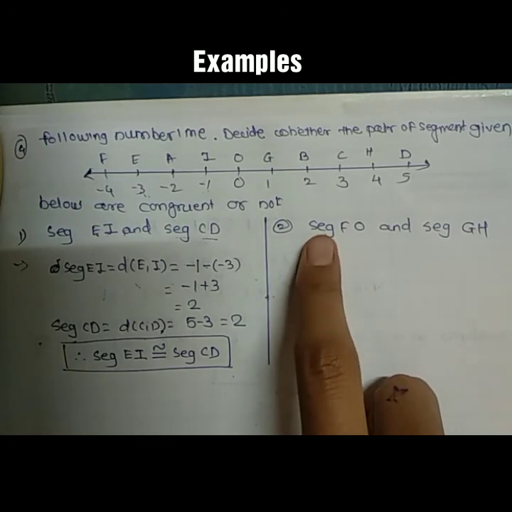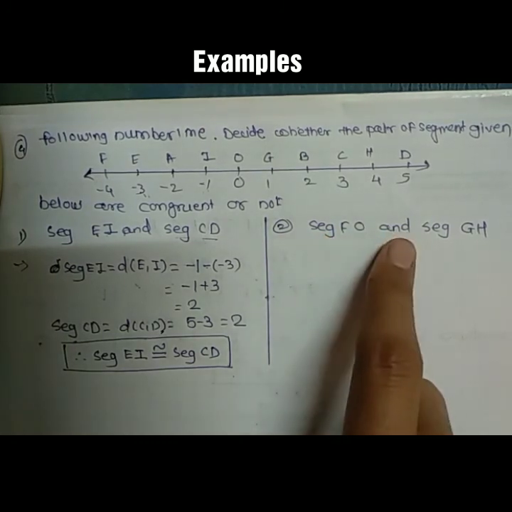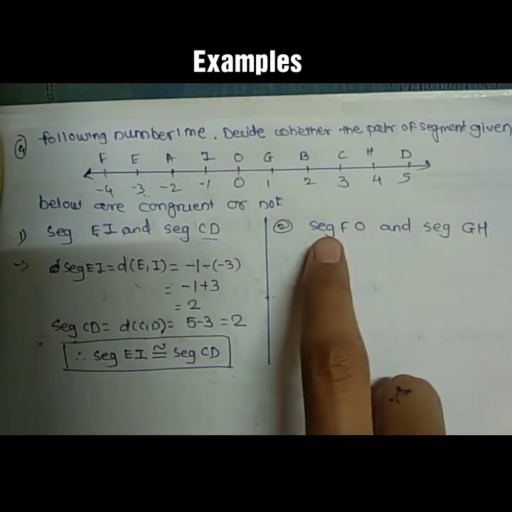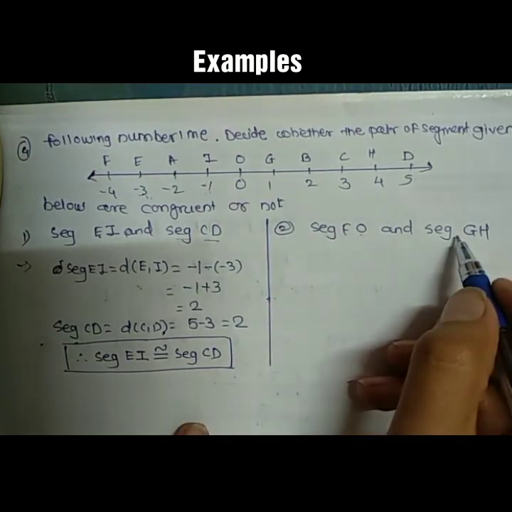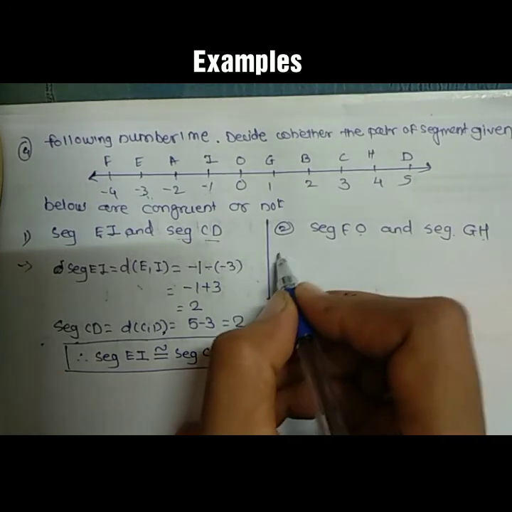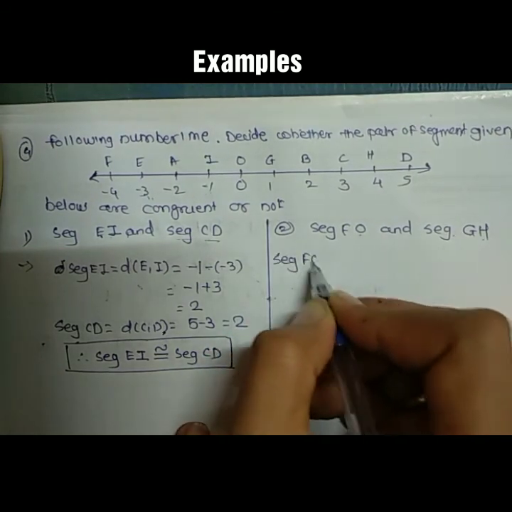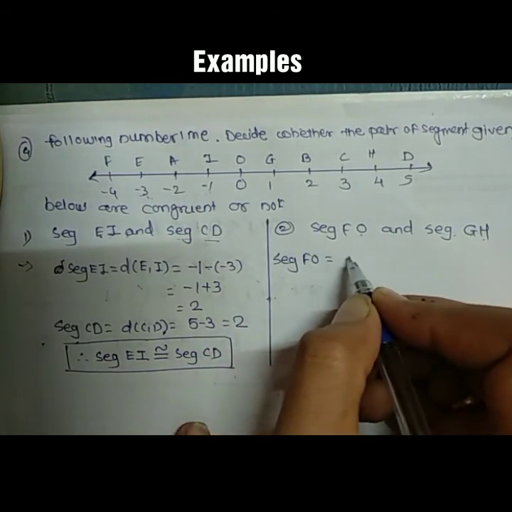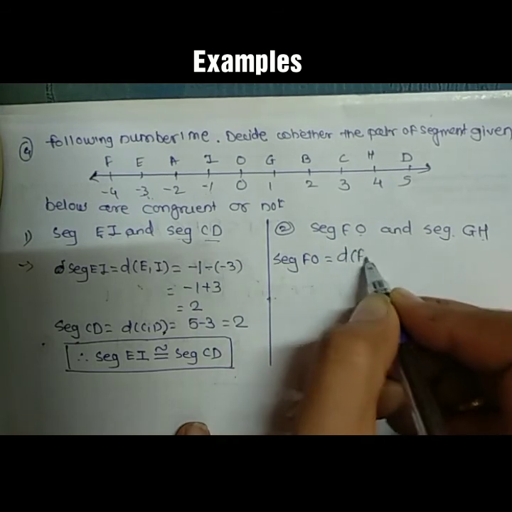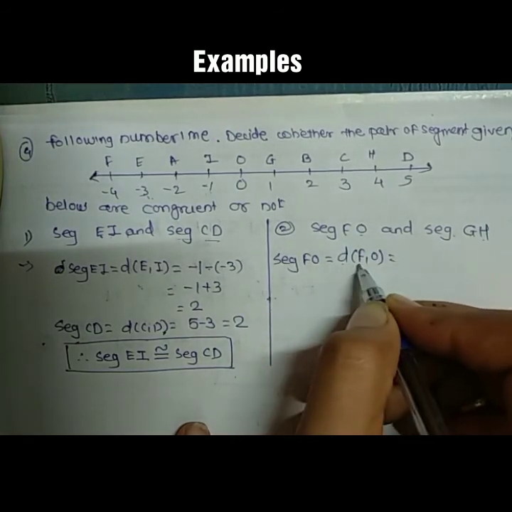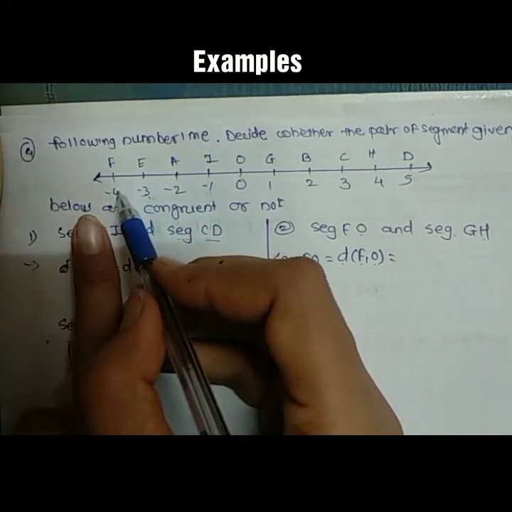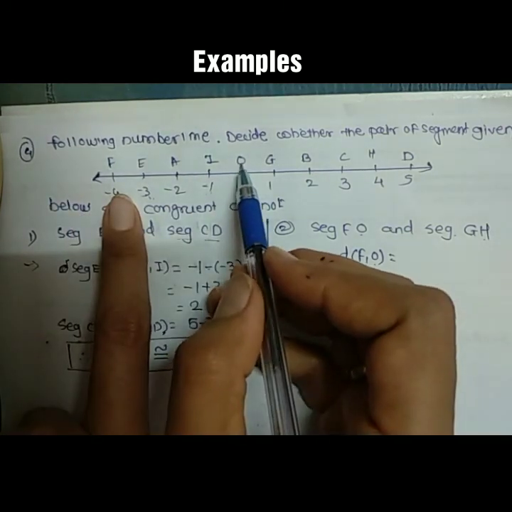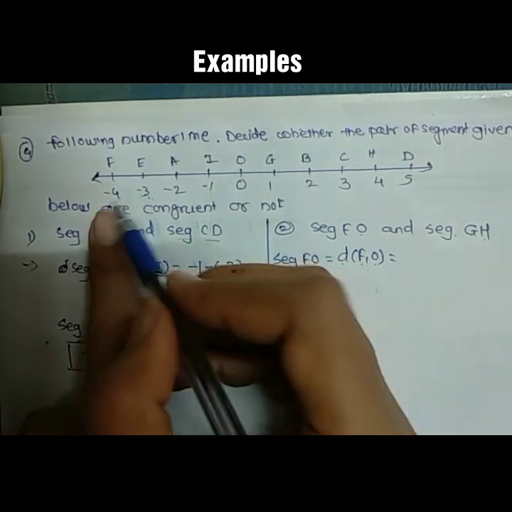Let's see question number 2: segment FO and segment GH. To find this, first find the distance FO and distance GH. Segment FO means the distance between point F and O. Here the coordinate of point F is -4 and the coordinate of point O is 0.